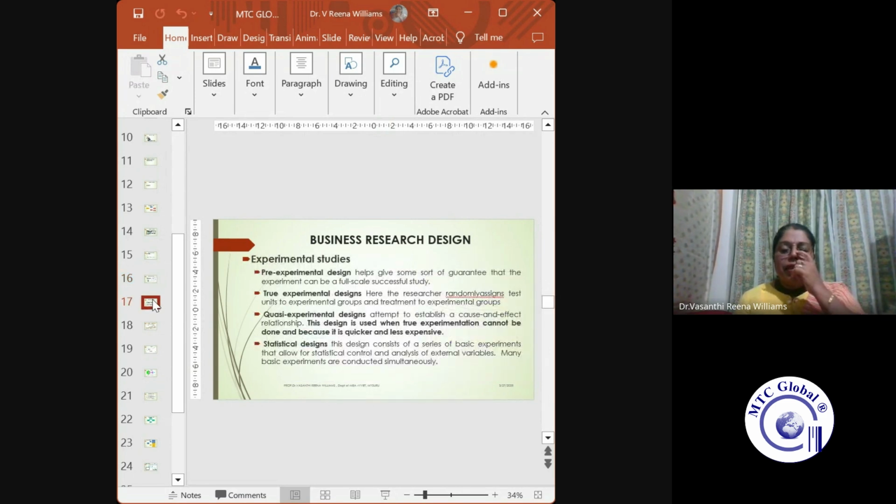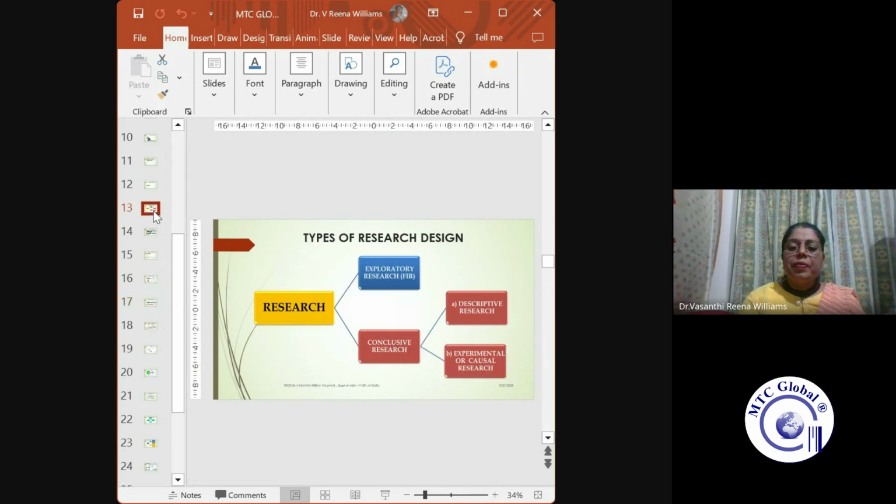Let's go further. Next is experimental studies. Exploratory research, you understood. This is something like an FIR, which helps us to frame a hypothesis. The other one is conclusive, where you test this hypothesis. The ways in which you can do it are through descriptive research, or experimental or causal research.